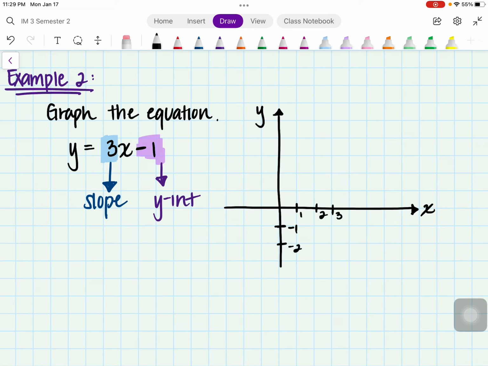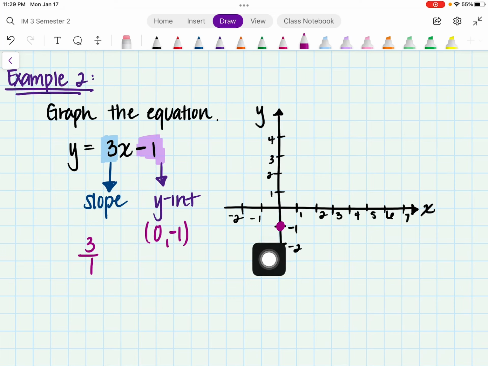So negative 1, negative 2, and this is 1, 2, 4. The y-intercept is the point (0, negative 1), and the slope is 3, or 3 over 1.